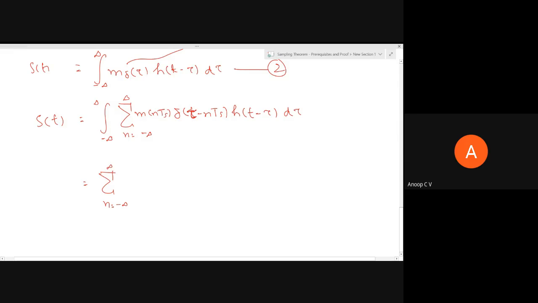It is independent of τ, so I can take it out of the integral. So I have taken m(nTs) out of the integral, times the integral from minus infinity to infinity of δ(τ minus nTs) times h(t minus τ) dτ.